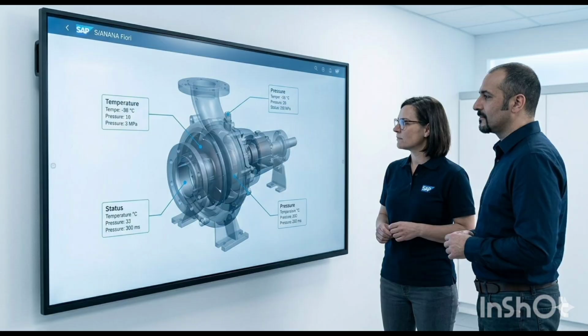So next you will see two specialists interacting with a large touch screen showing a 3D pump model with live data tags. Because of the speed of the HANA database, we can now link complex engineering files, CAD, directly to our PM master data. This is a game changer for collaboration.